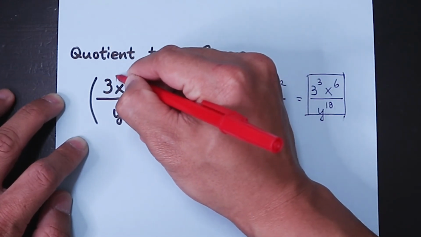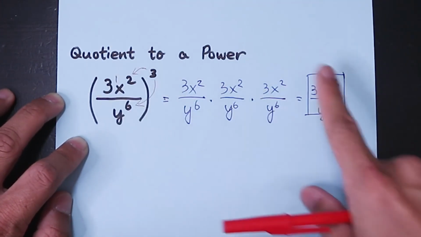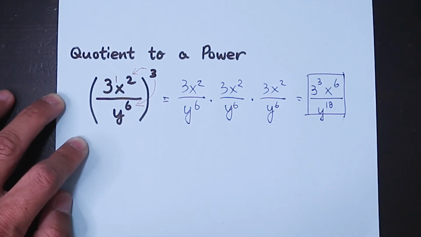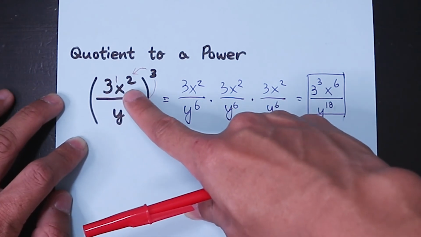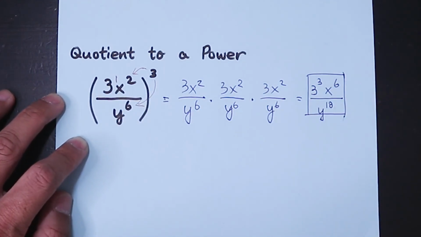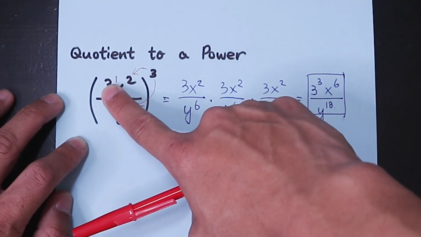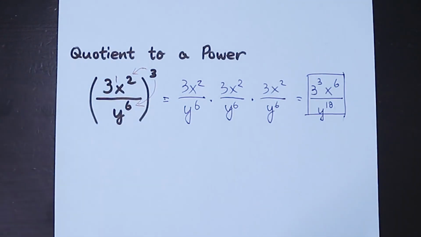Well, there is an invisible 1. So 3 times 1 is 3. So whenever you do the shortcuts, make sure that every base, in this case the bases are 3, x and y, has its own exponent. If there's no exponent, make it visible. So there's an invisible 1 for every single base that has no exponent.